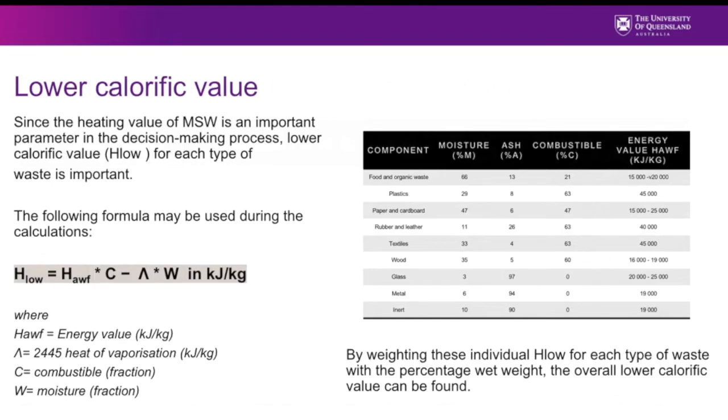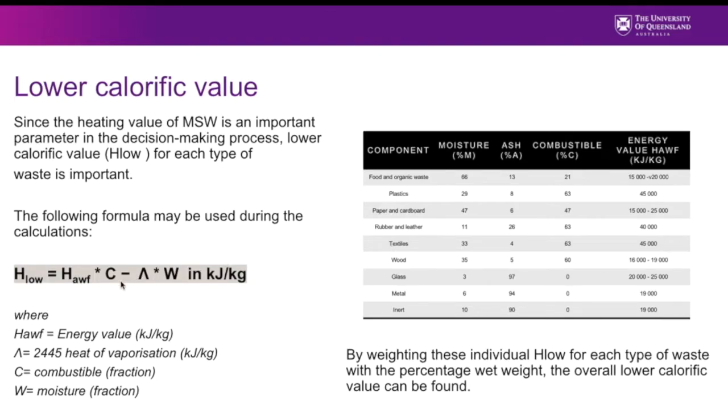Since the heating value of municipal solid waste is an important parameter in the decision-making process, the lower calorific value for each type of waste is important. We're going to calculate this through this formula. As you can see, this formula on the left side requires information on the energy value that was in the table, and also on the combustible value.